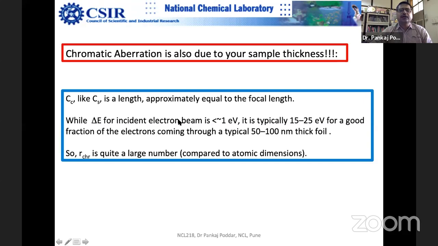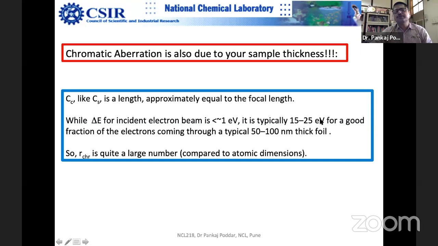So delta E, as I mentioned, can be around 1 electron volt for the incident electron beam. And suppose it passes through a 50 to 100 nanometer thick foil, your delta E can increase up to this much. This is quite serious.